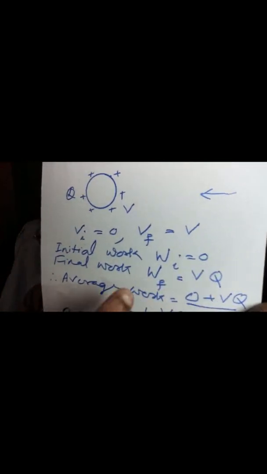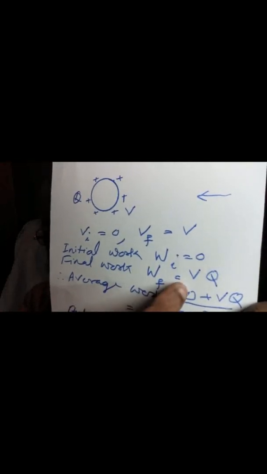So the final amount of work required: V is W by Q, so that work is V into Q. So final amount of work required is V into Q. Initially Wi equals 0, finally Wf equals V into Q. Therefore, the average work equals Wi plus Wf, the whole divided by 2.